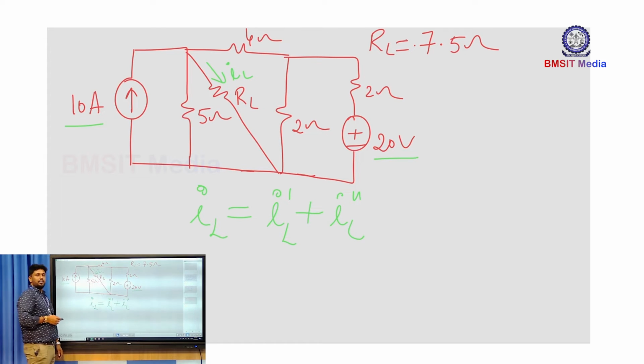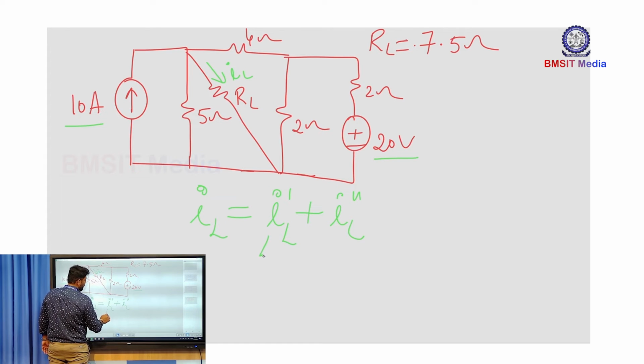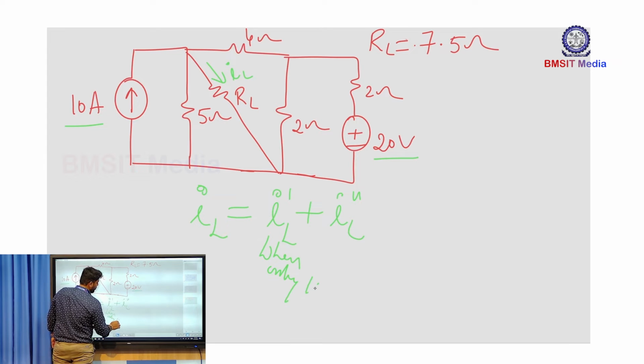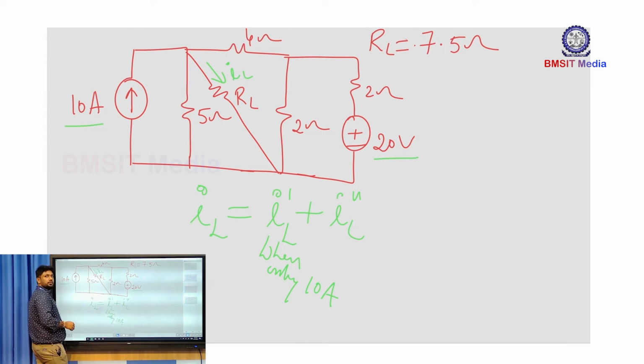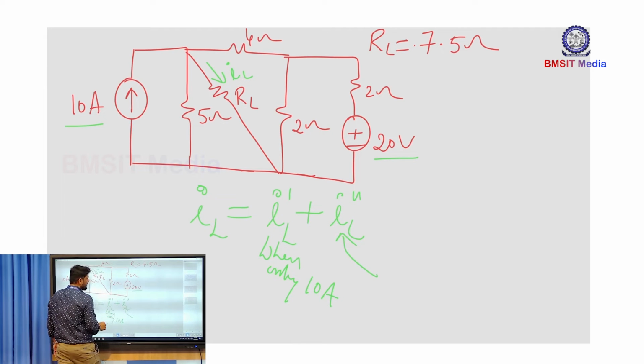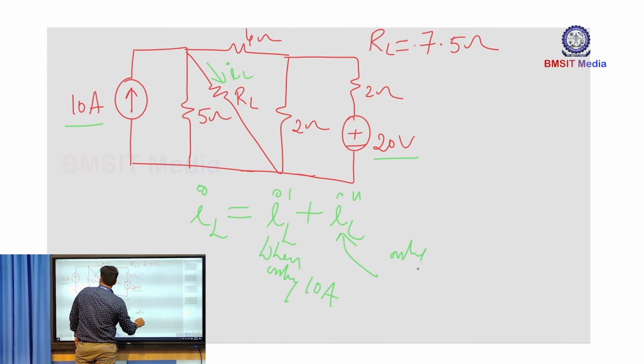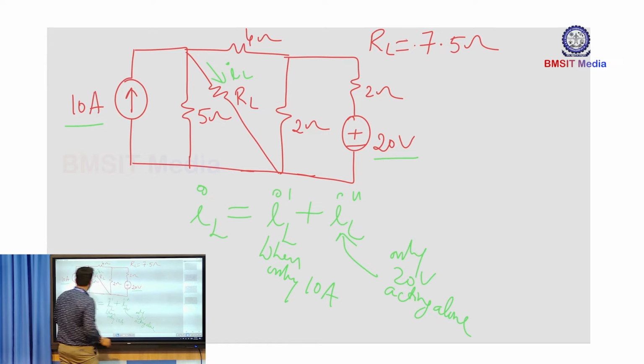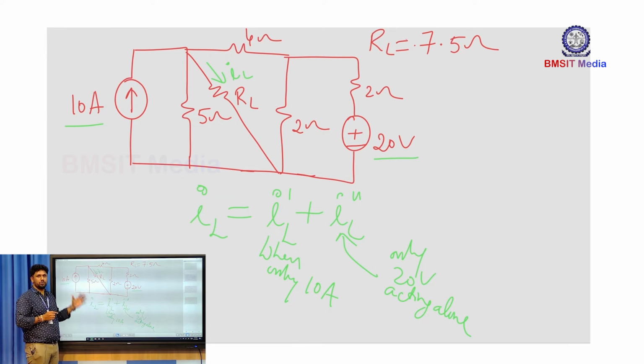I am considering IL dash as the load current when only the 10 ampere current source is acting alone by making the 20 volt source 0, and IL double dash is the current flowing through the load resistance RL when only the 20 volt voltage source is acting alone and making the 10 ampere current source 0.